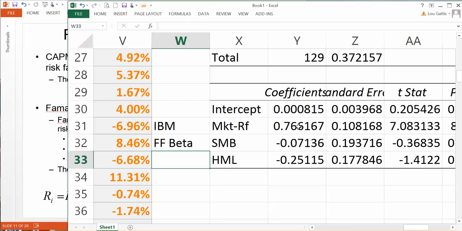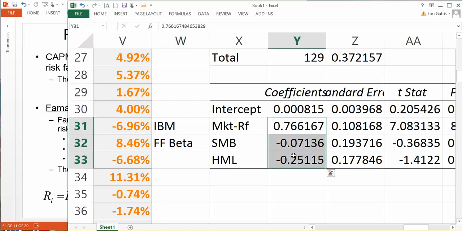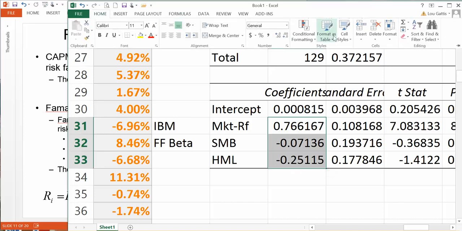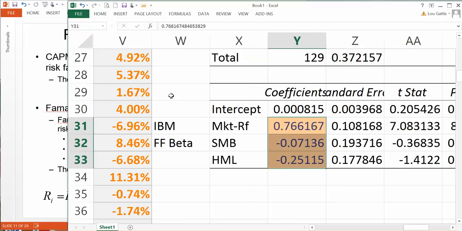The beta to the market is 0.76. To size, it's negative 0.07, and to book, it's negative. And I'm going to change that cell style to input because that's now an input to one of my models. So what this is telling me is IBM has a little bit less than market risk because it's less than 1. And the betas to size and book are negative. So what that implies is IBM is a big stock and has high or low book to market.